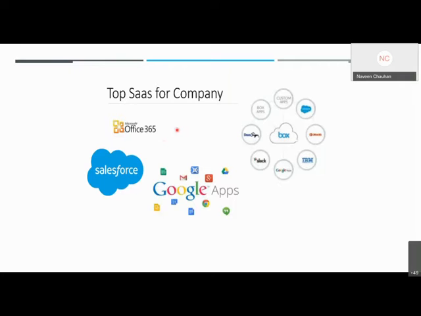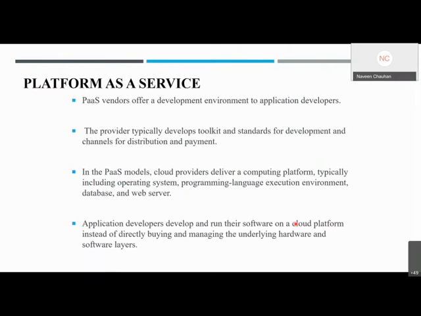Examples of top SaaS companies are Microsoft with Office 365, Google Apps, Salesforce. These are all top software as a service companies.